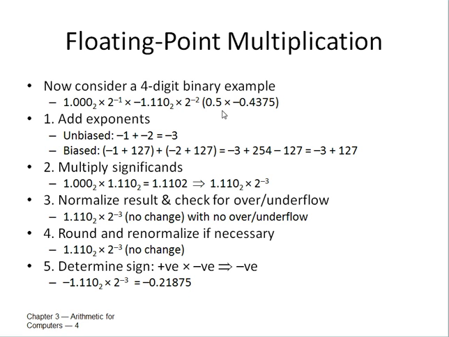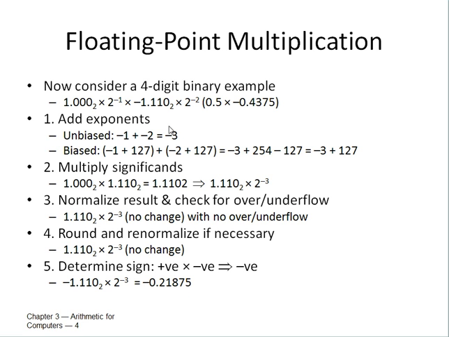So that's 0.5, because that's 1 times 2 to the minus 1, which is a half. And this one is minus 1.75 times a fourth, so that ends up being 1.75 divided by 4, 2 shifts over, and that gives you 0.4375.